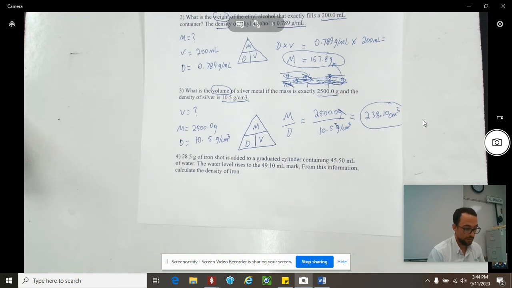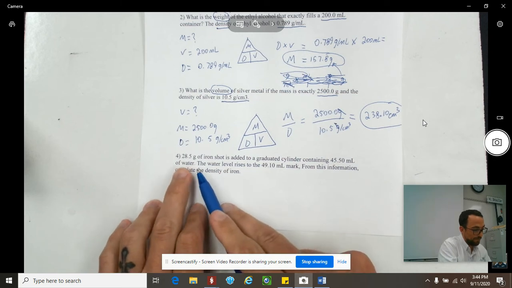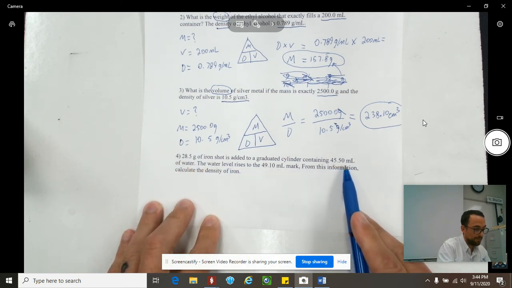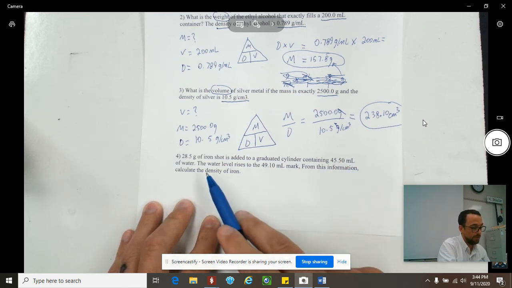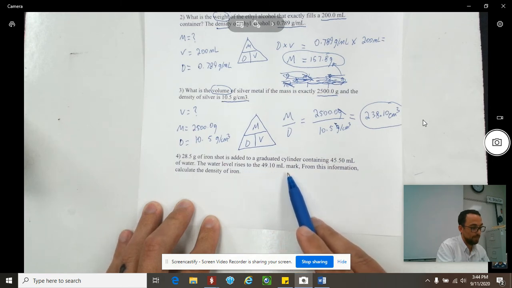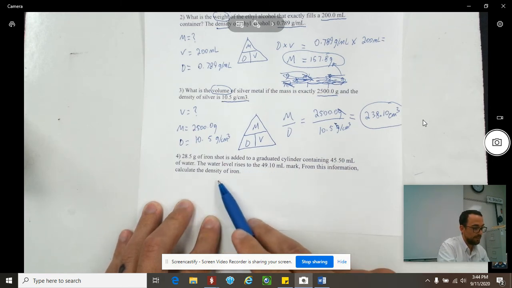So let's look. I have 28.5 grams of iron shot added to a graduated cylinder containing 45.50 mL of water. Then the water level rises to the 49.10 mL mark. From this information, calculate the density of iron.